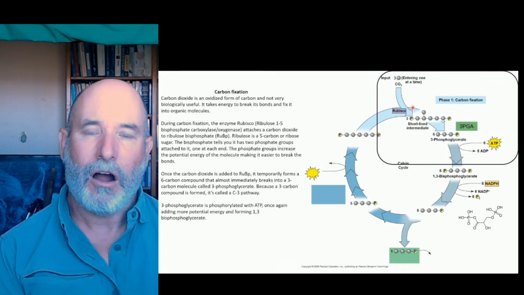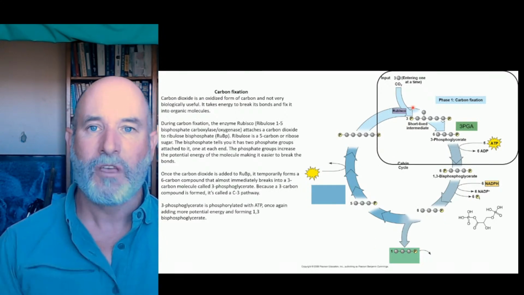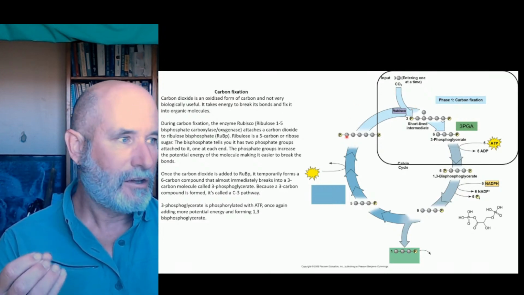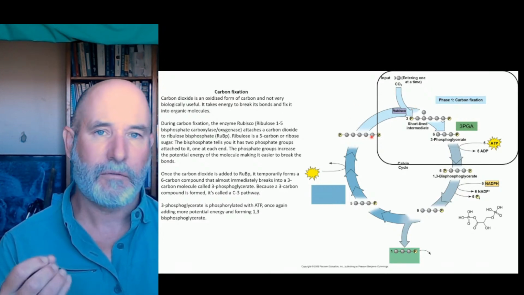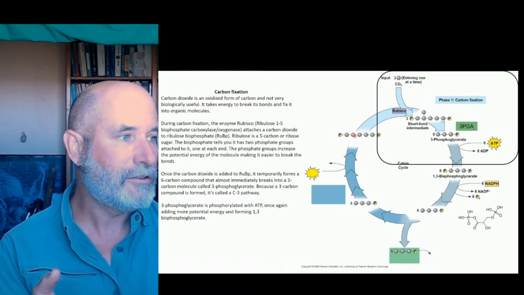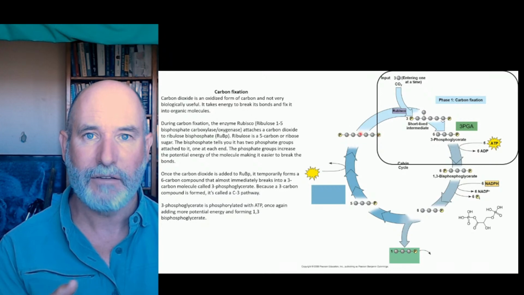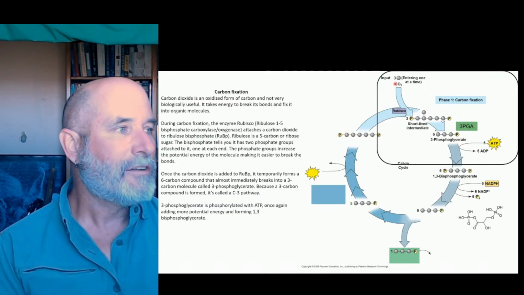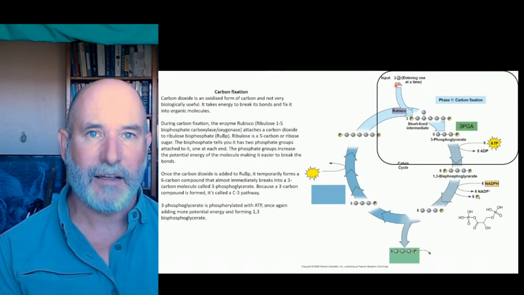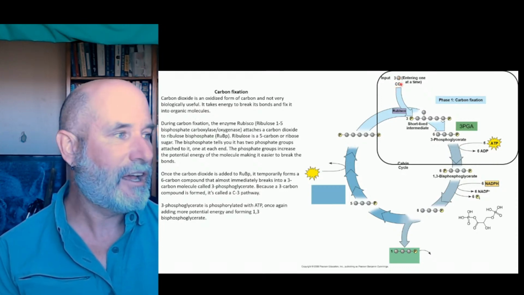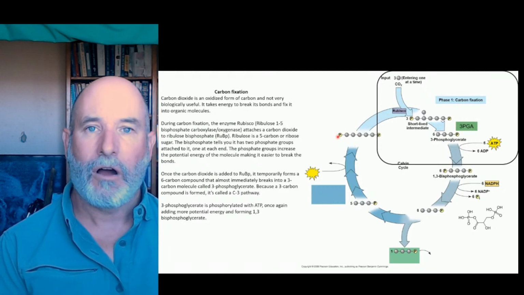There's our carbon fixation. We're going to take ribulose bisphosphate, this 5 carbon compound. It's a ribose sugar, 1, 2, 3, 4, and 5, with phosphates at each end. Now we're going to take the enzyme rubisco and stick a carbon dioxide onto RuBP.